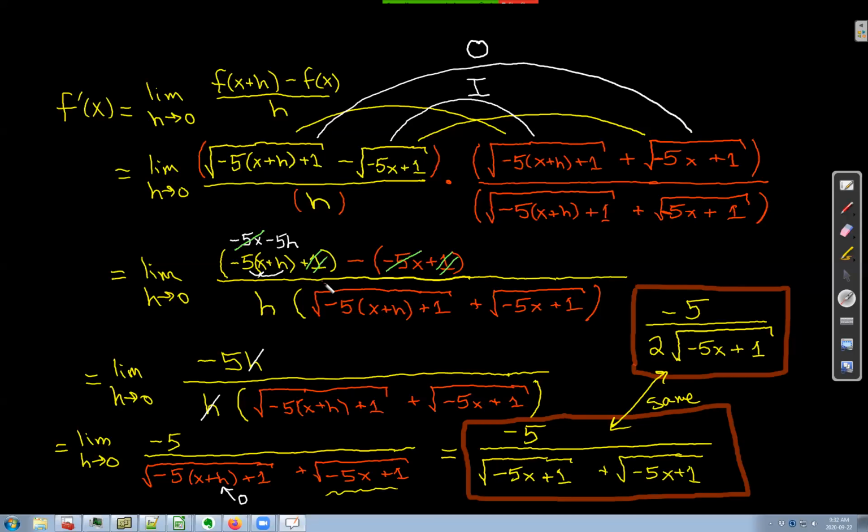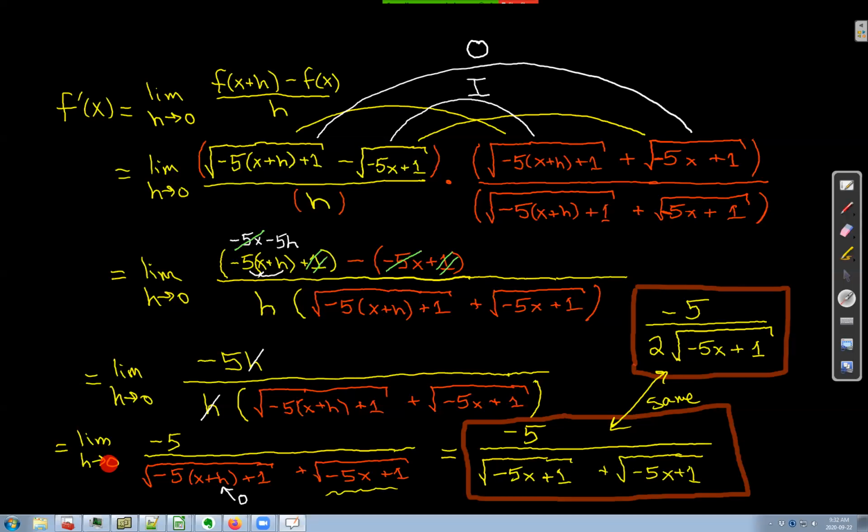So there's a question in the chat about if we aren't given a specific value of x, then do we always plug in 0? Well, the answer is you always plug in your limit number. The reason I'm plugging in 0 doesn't have much to do with x or anything else.